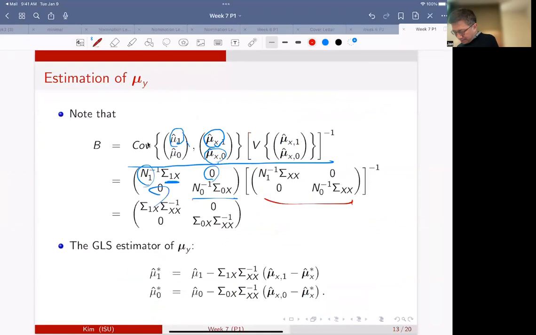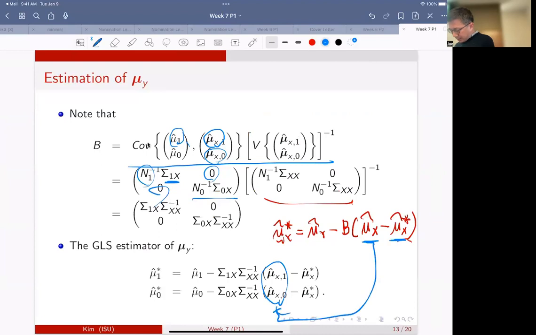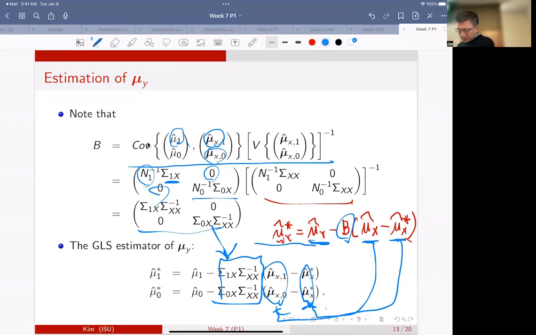So that is this one. So basically mu hat y star is mu hat y, the initial estimator, minus b, and then mu hat x minus mu hat x star. So this guy is this guy. This guy is this guy. And this guy comes from here. And this guy is this guy.